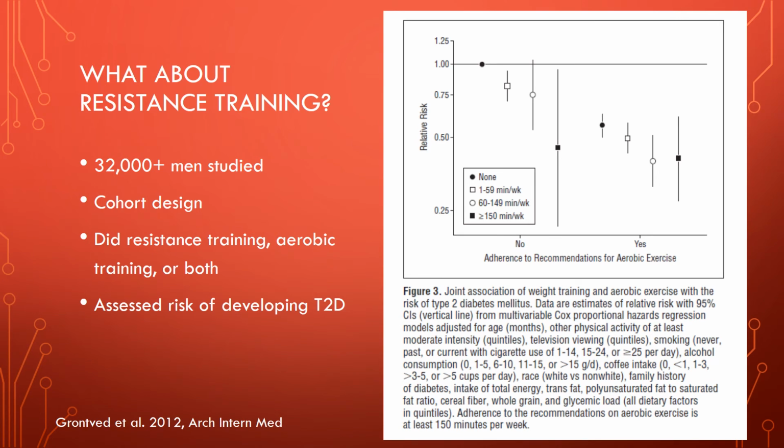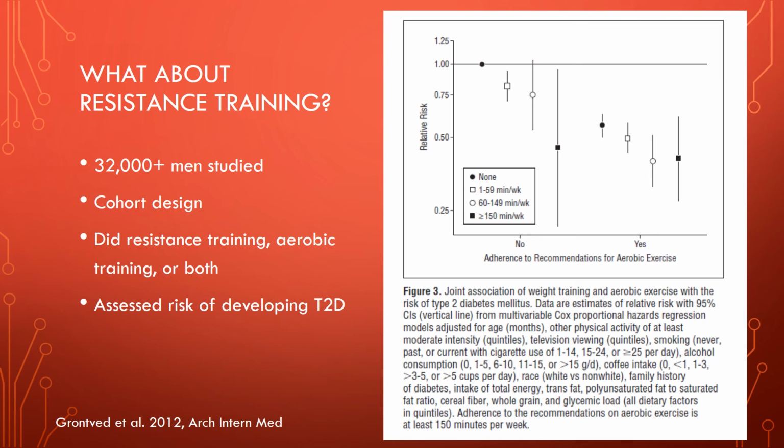On your x-axis, there's people who either did not adhere to recommendations for aerobic exercise, meaning they did not meet physical activity recommendations of 150 minutes per week, or yes, they did. And then the different markers, the black circle, the white square, the white circle, and the black square, those are how much resistance training they did per week.